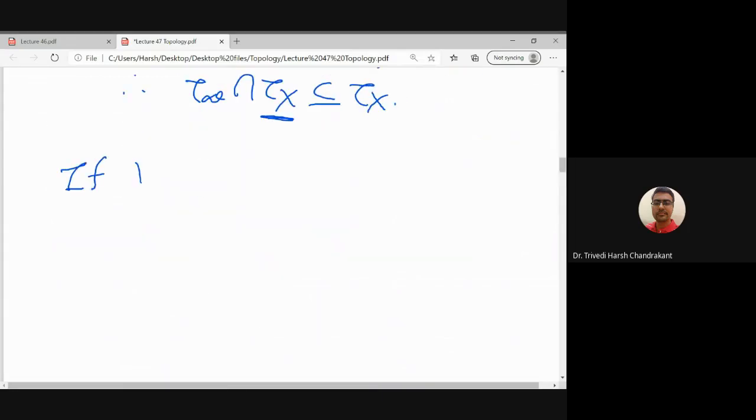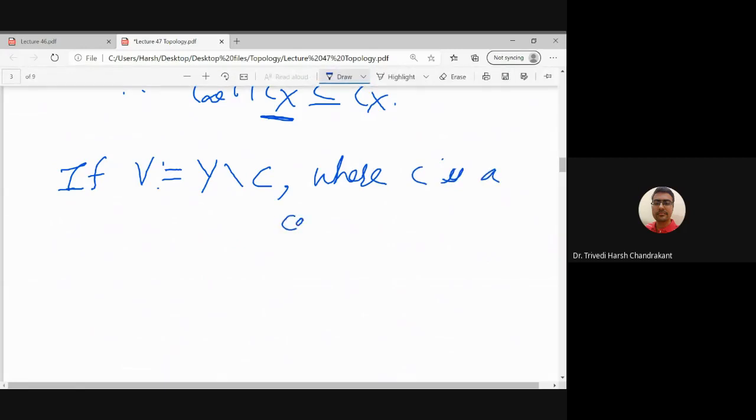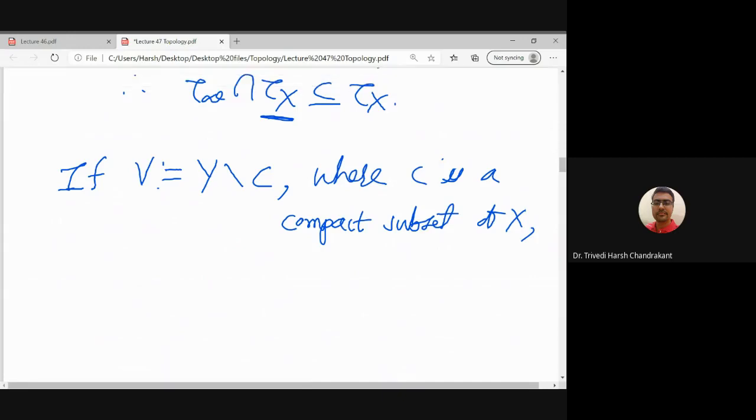So if I take V of the form Y minus C, the complement of the compact set, where C is a compact subset of X, so this is the second type set in tau infinity.